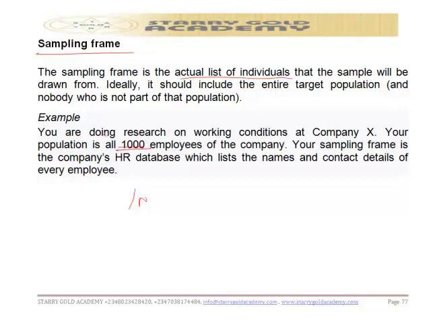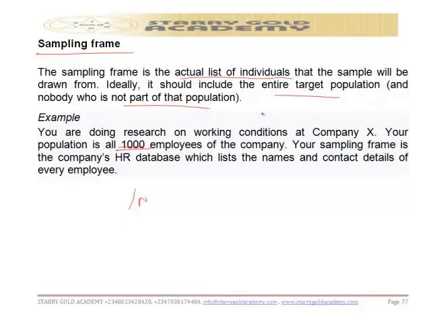So the frame is 1000 employees. So from this 1000 you can select any number of people you want as your sample. And the sampling frame should include the entire target population, and nobody who is not part of that population is part of the frame. Understand?